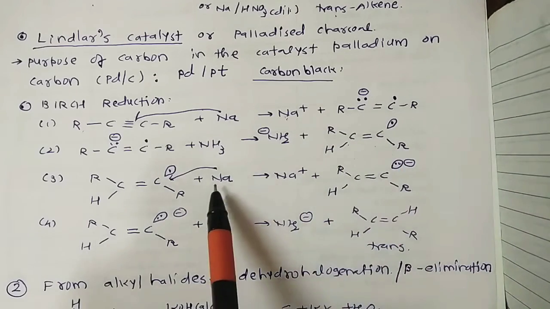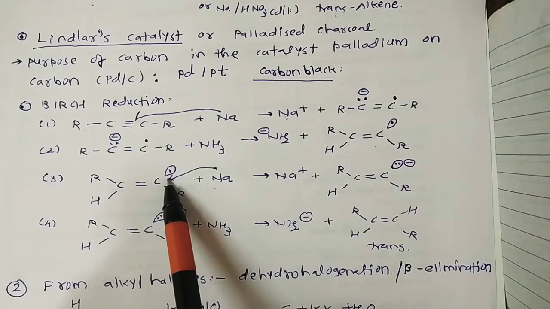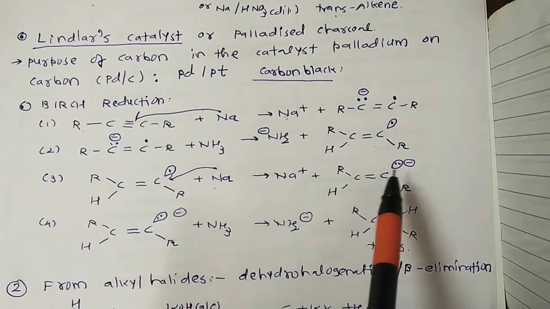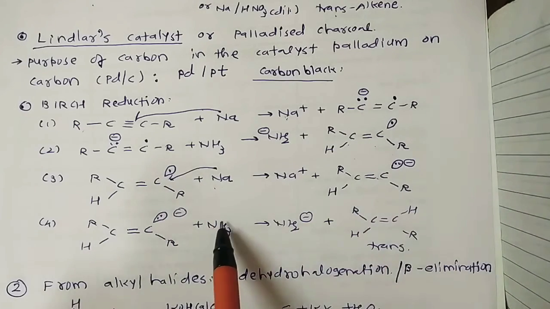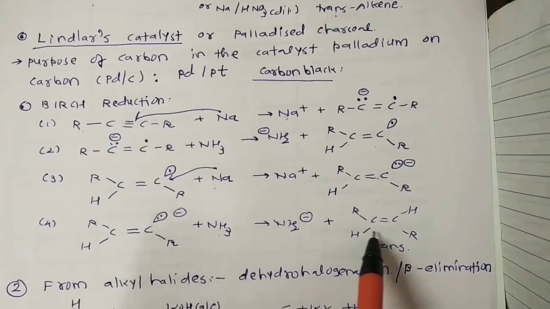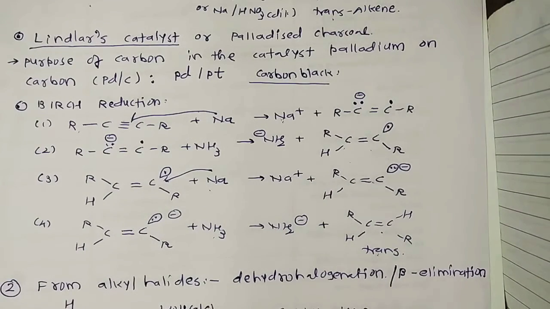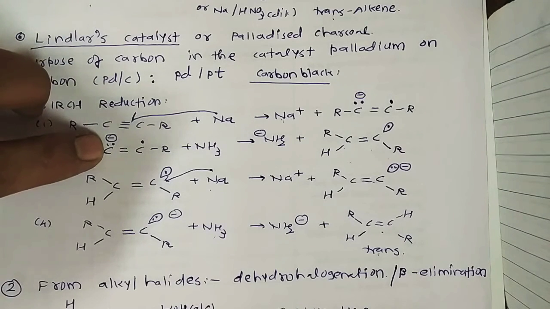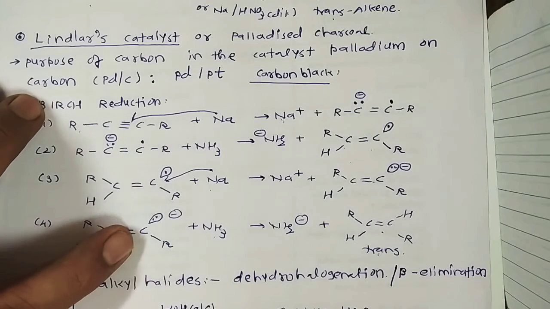Now this further reacts with sodium, losing one more electron; this is a type of free radical and is converted into a carbanion. The same scenario with NH3: it loses H+, and H+ reacts with this extra lone pair of carbon and converts into the alkene. But mind well, it is in opposite directions, not the same direction, because in this case the carbanion is on this carbon, and in the other case on the adjacent carbon.